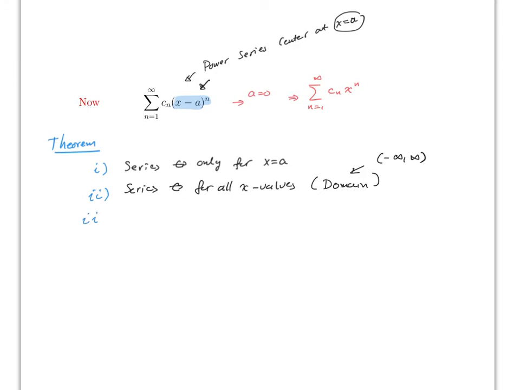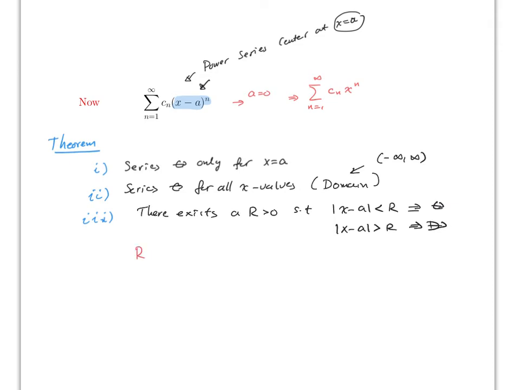The third case, which will require the most work, is that there exists a positive value r such that if |x minus a| is less than r, then the series is convergent, and if it is greater than r, then it is divergent.